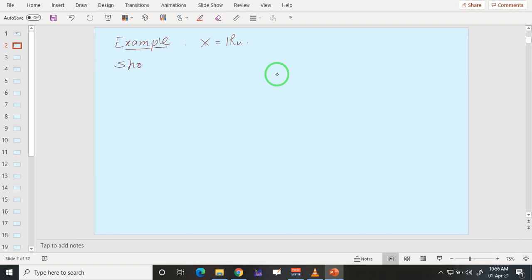Show that the open interval (0, 1) is homeomorphic to the open interval (0, infinity). Now if you see, both are open intervals, and this is a finite interval of length 1, and this is the infinite interval of length infinity. We have to show that these are homeomorphic.